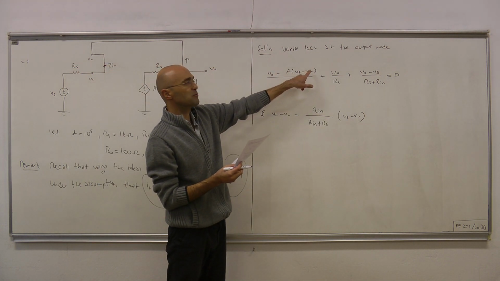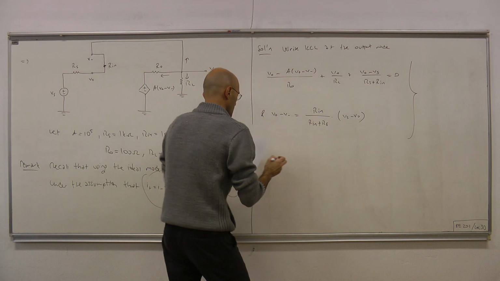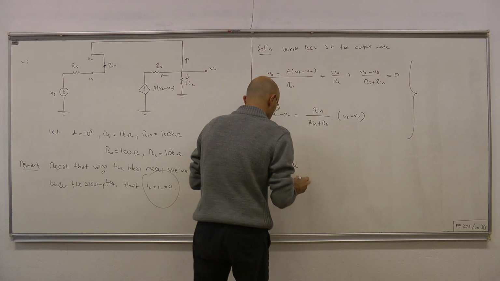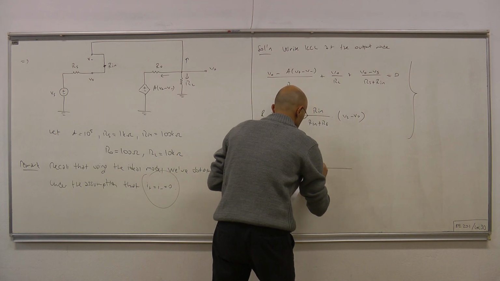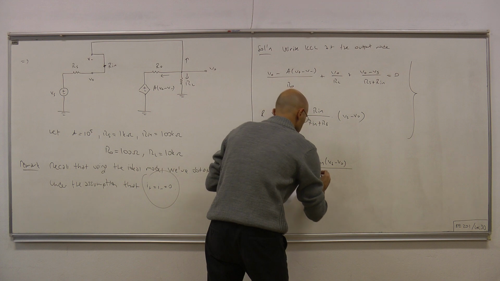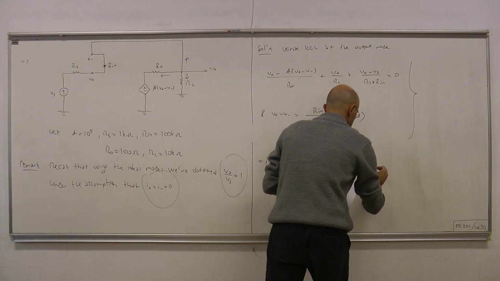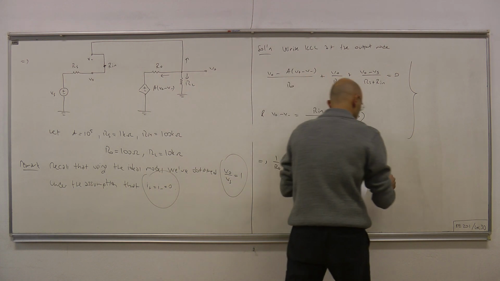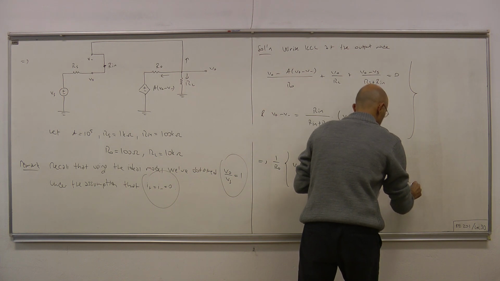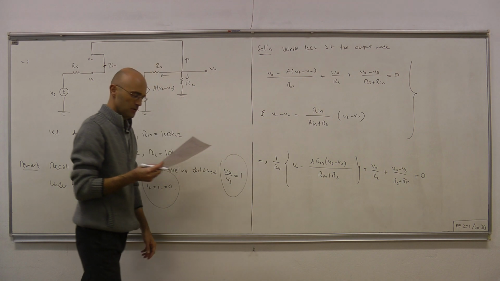Now, if you replace V plus minus V minus here with this expression, this is what we have: 1 over Ro times (V out minus A Rin (Vs minus V out) over (Rin plus Rs)) plus V out over RL plus (V out minus Vs) over the resistance in between, Rs plus Rin, and this equals 0.